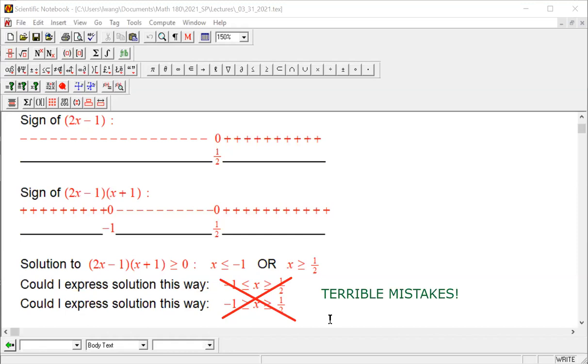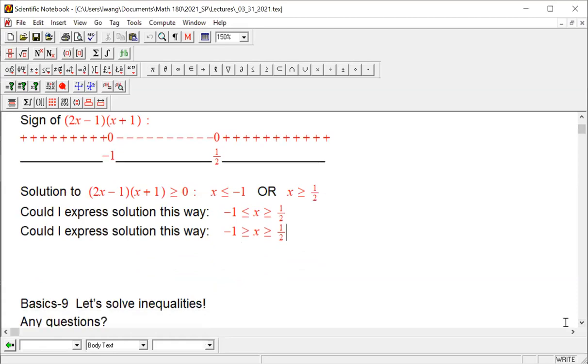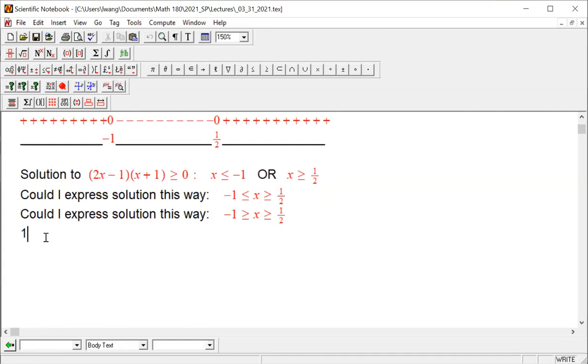Would you like to try number 11? Let's try it. Let's solve number 11.